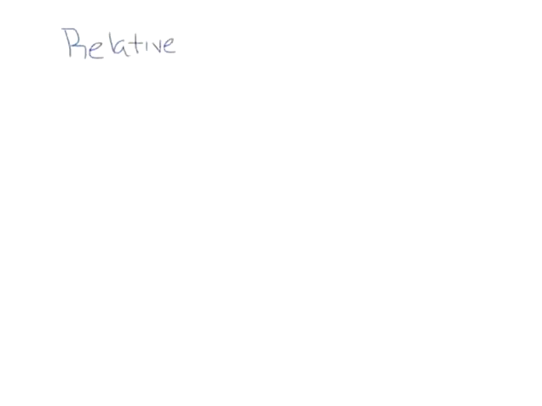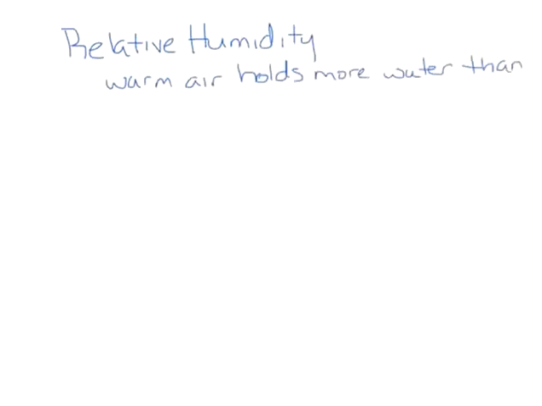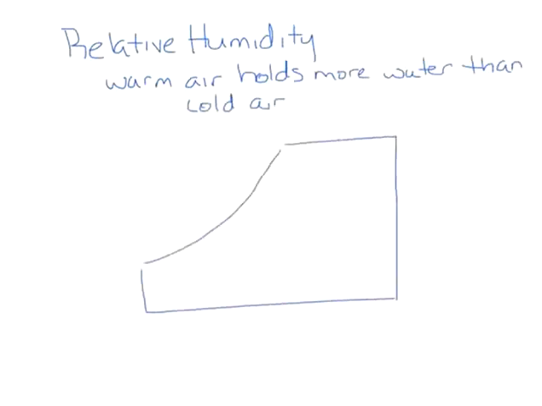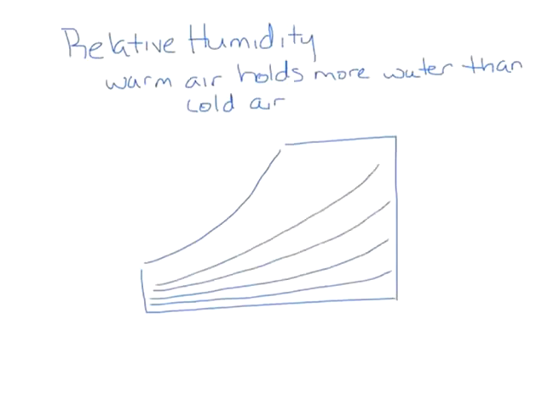Relative humidity is the amount of water air can hold at a certain temperature. Warm air can hold more water than cold air. The humidity lines are curved like this. So this would be 10% relative humidity, 20%, 30%, and so on.